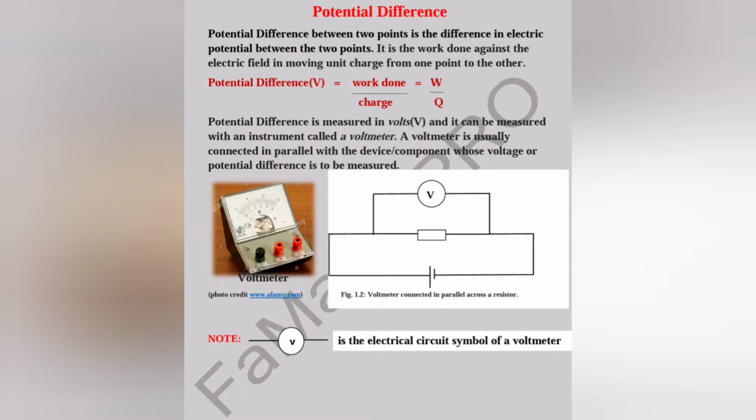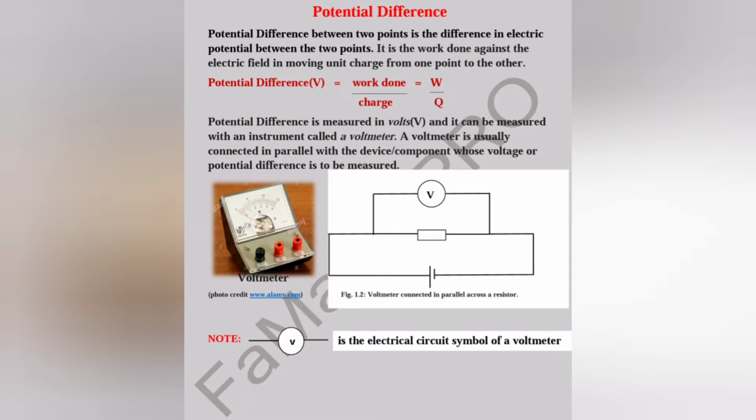Before electric current can flow from one point to another, let's say for example from one end of a wire to another, there must be a difference in potentials. This difference in potentials is what we call potential difference. Another way of looking at potential difference is this.